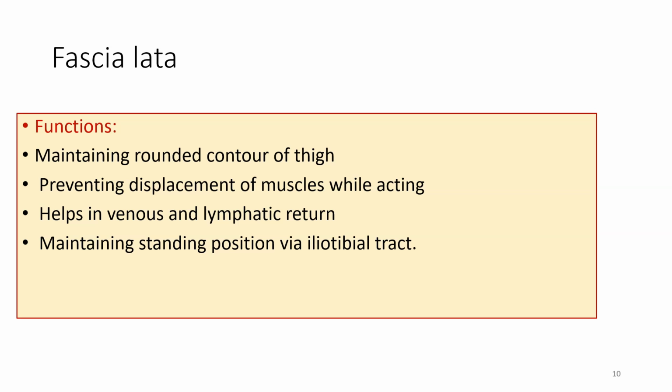And because of that, it is facilitating venous return and lymphatic return. And through the iliotibial tract, it is facilitating maintenance of standing position. So these are the functions of the fascia lata.